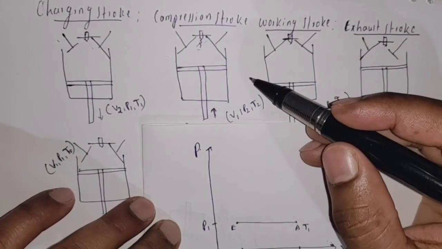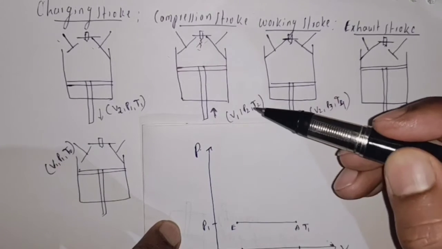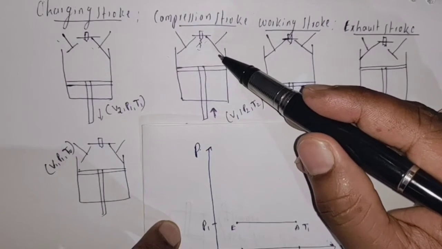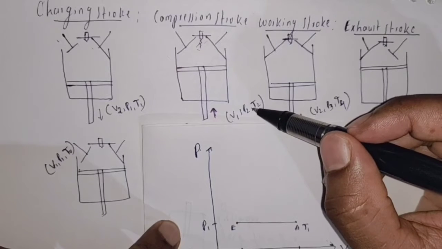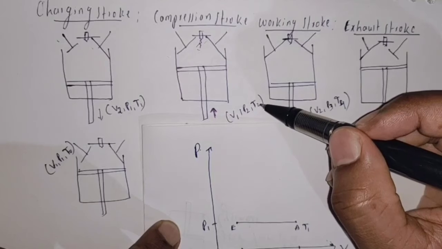EA represents the charging stroke. Now let us represent the compression stroke in the PV diagram. In the compression stroke, the piston moves in the upward direction, and we observe a decrease in volume, an increase in pressure and also an increase in temperature.